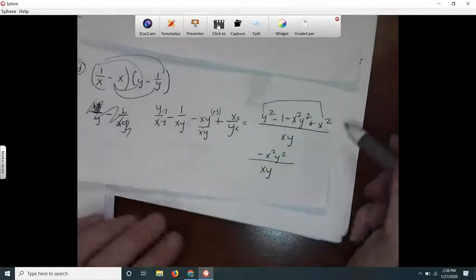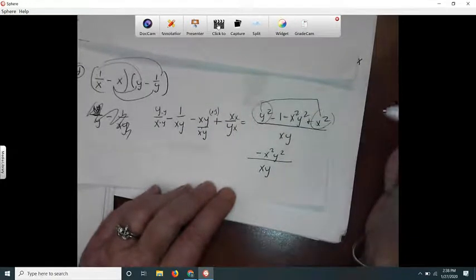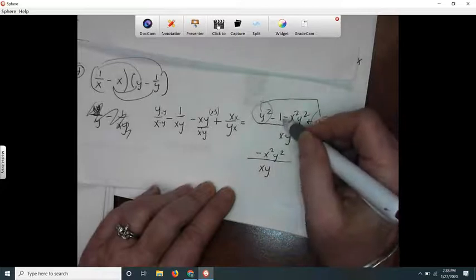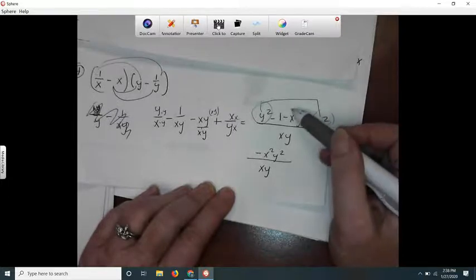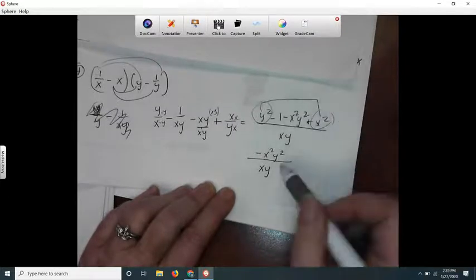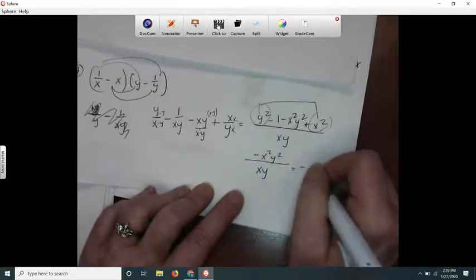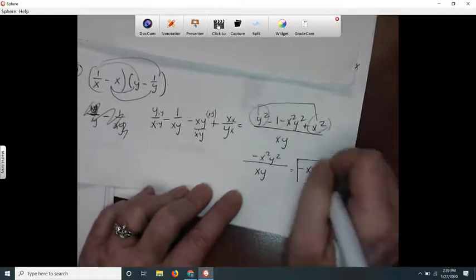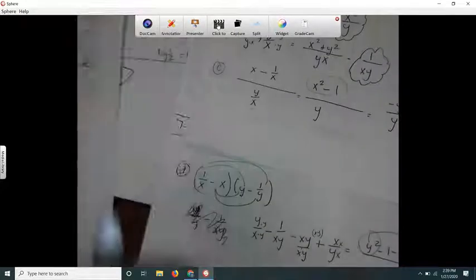If you didn't catch what happened, I took these two, those are equal to 1, and then I combined them with this one. Then I realized they were 0, so I just left them out. I was left with this little piece right here. Then I can cancel out an x and a y, and I end up with negative xy. Is it okay? Good times.